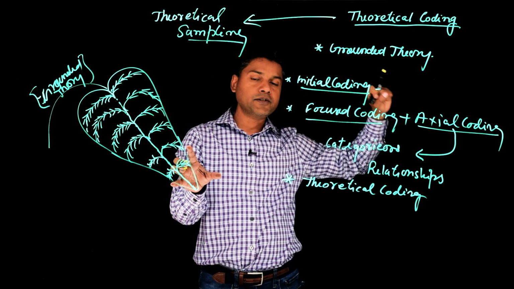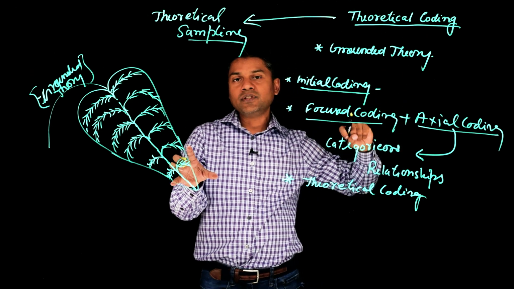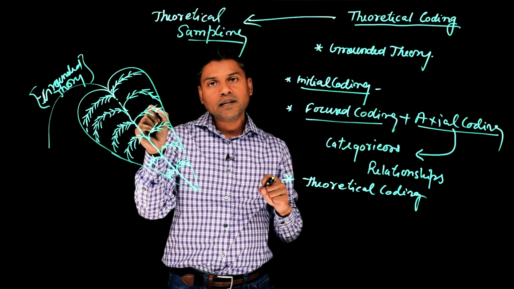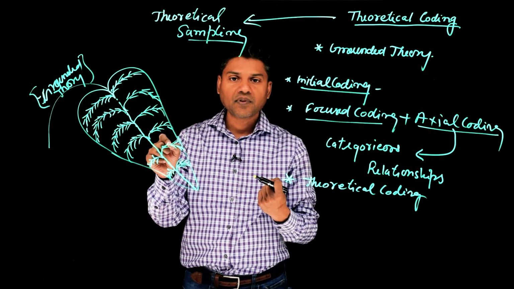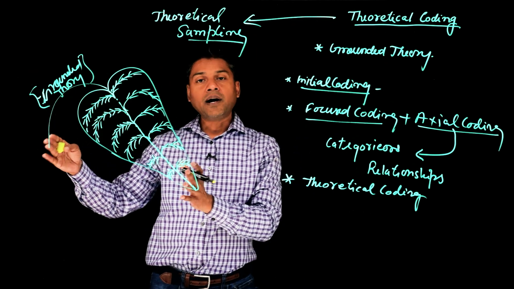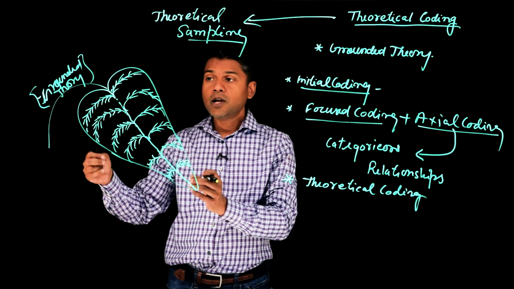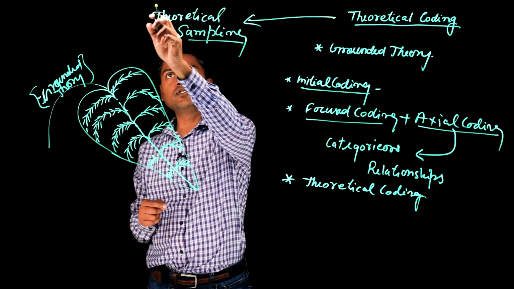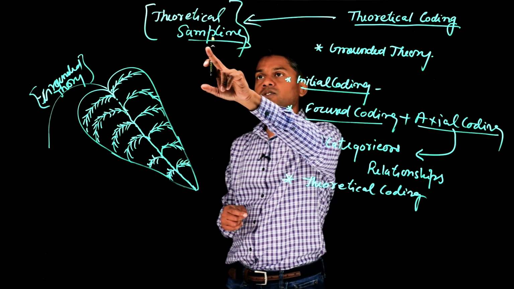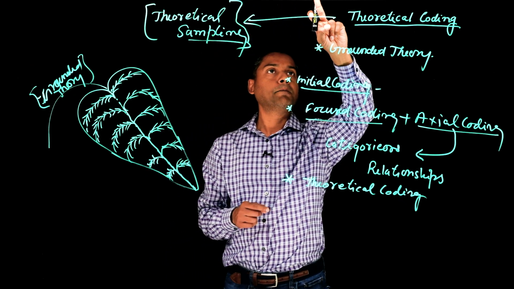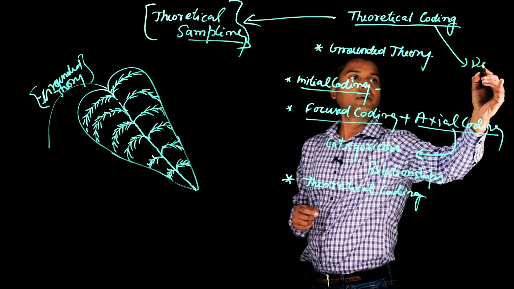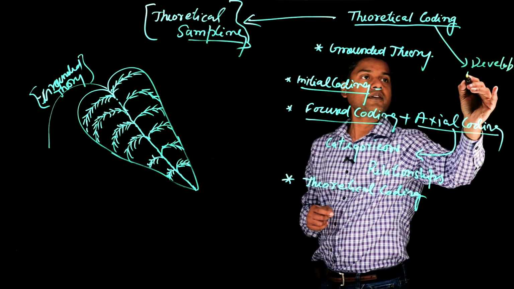I recruit more participants. When I'm collecting data with these new participants, I am focusing on which category needs to be developed even further. Based on where my theory is and what part of my theory needs to be developed further, I do further recruitment, and this is called the theoretical sampling strategy. And theoretical sampling is done to enable theoretical coding, which further leads to developing your grounded theory.